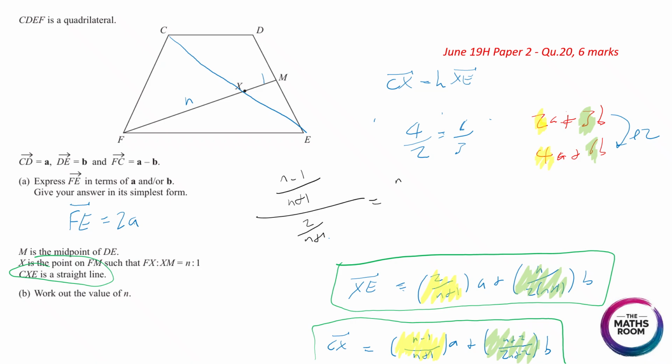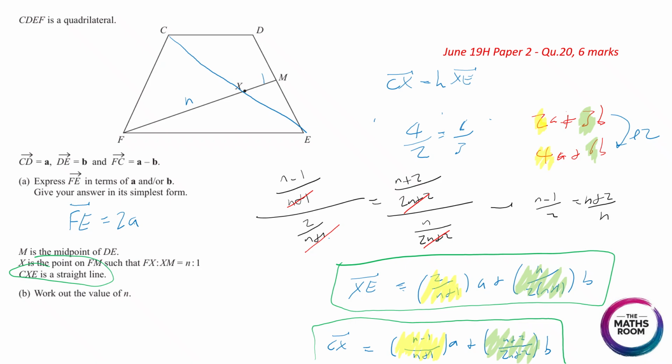So n plus 2 over 2n plus 2 divided by my n over 2 lots of n plus 1, which is 2n plus 2, which is nice because they will cancel. I've got a cancel here and a cancel here, which makes it quite straightforward. So we can say that n minus 1 over 2 is equal to n plus 2 over n.